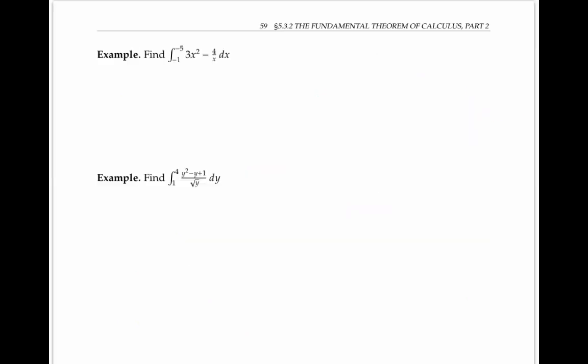In this first example, the antiderivative of 3x squared is x cubed. And the antiderivative of negative 4 over x is minus 4 times ln absolute value of x. We could add a plus c to make it a general antiderivative, but we don't really need it. The fundamental theorem says that we can use any antiderivative, so we might as well use the simplest one, where c equals 0.